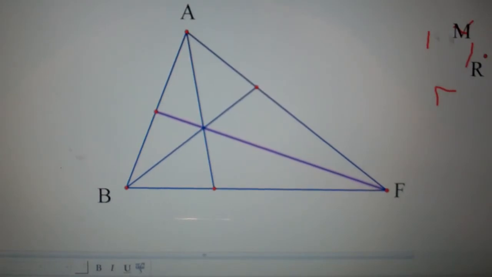Okay? Now, what you should notice now is that all three of the angle bisectors of this triangle meet at a central point. So this central point here in the middle, let's go ahead and label that this point here.